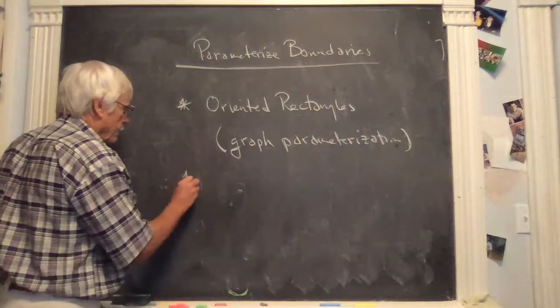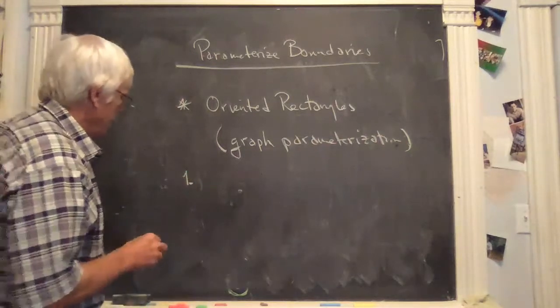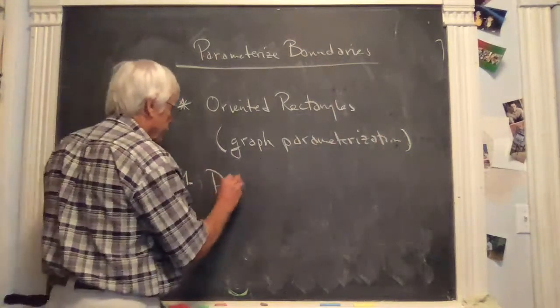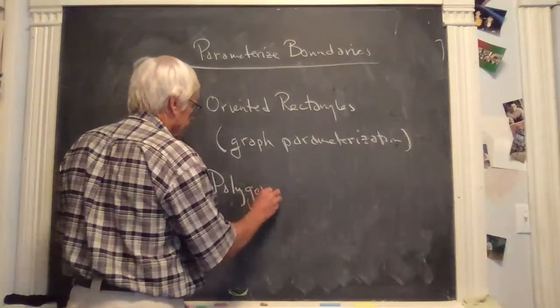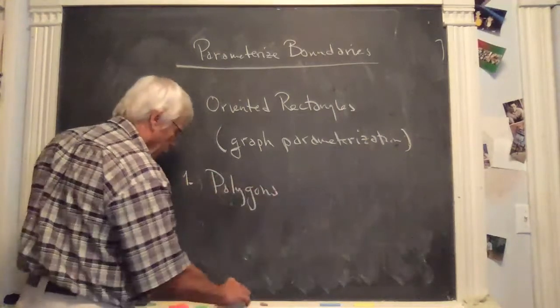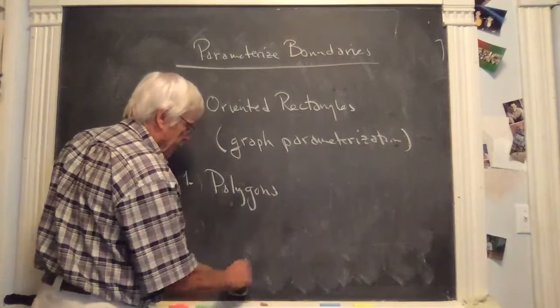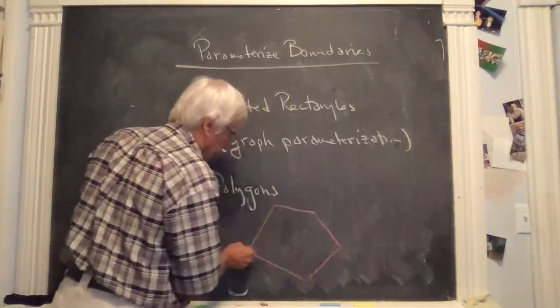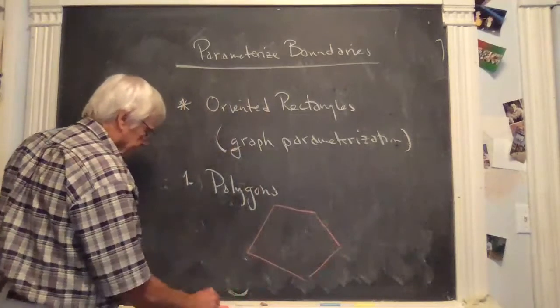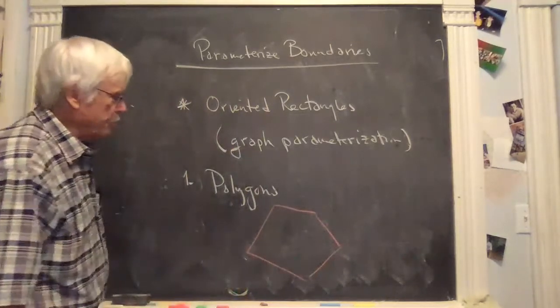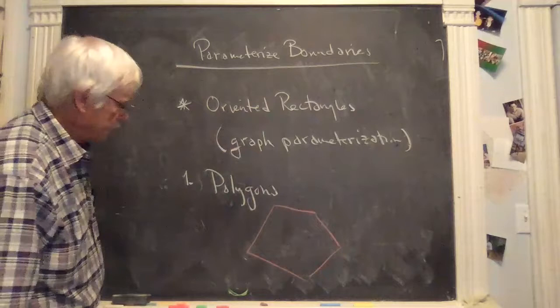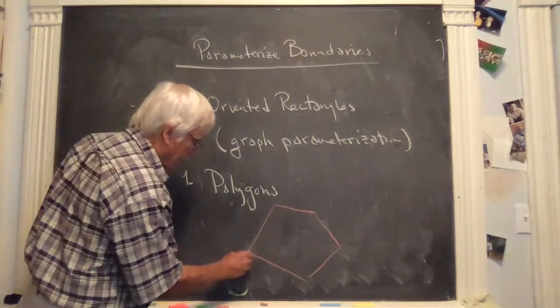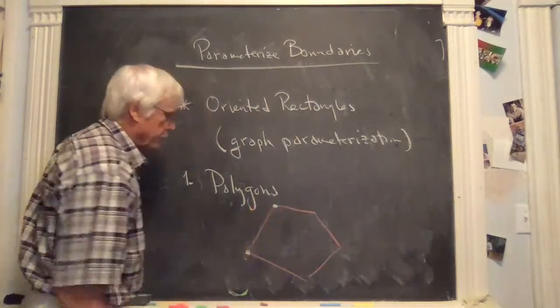The first type where you have to do something is on polygons, not necessarily oriented. And in polygons, the boundary consists of line segments. And these are pretty straightforward, because the line between 2 points is something we can do.